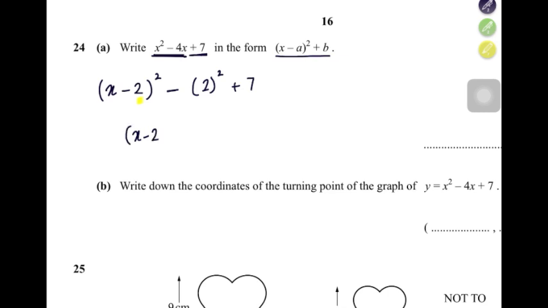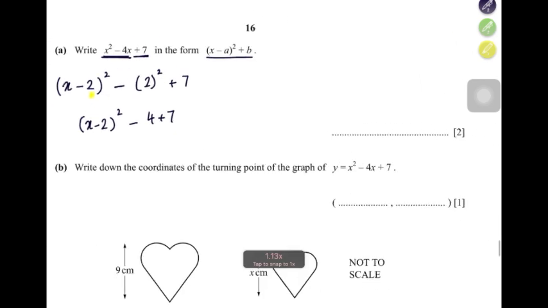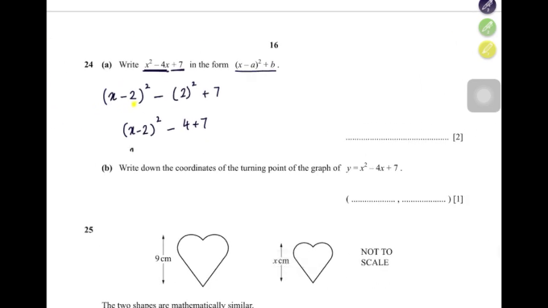X minus 2 whole squared minus 4 plus 7, this is going to be 3. So now we have this form, x minus a squared plus b: x minus 2 squared plus 3.